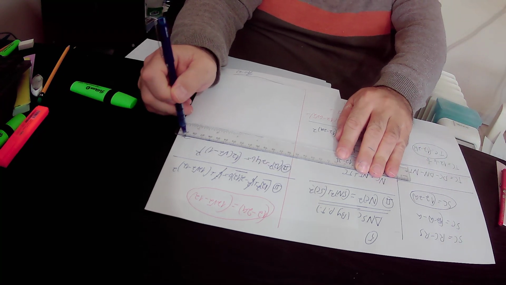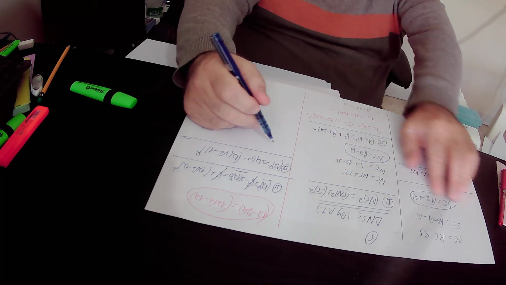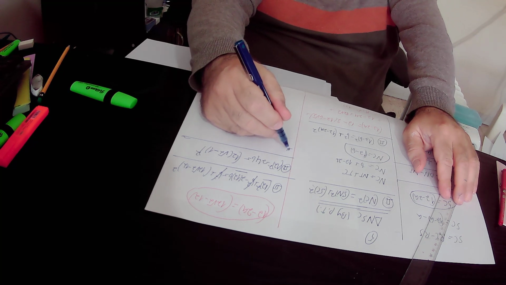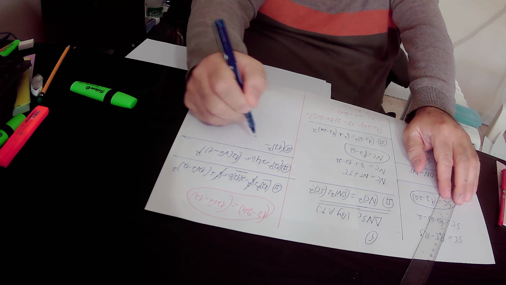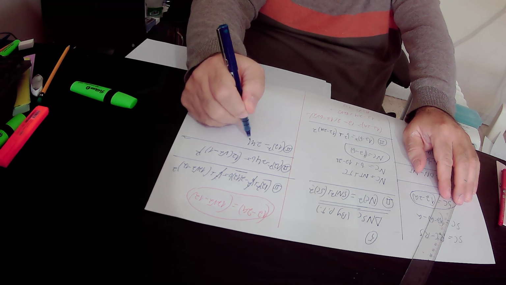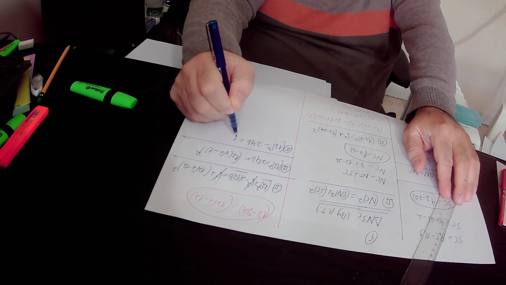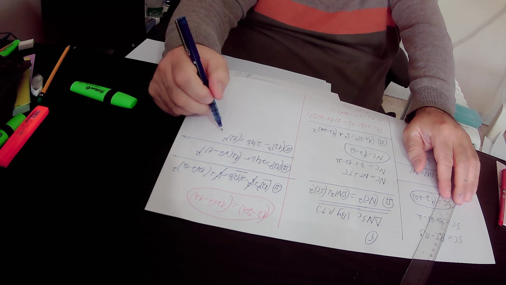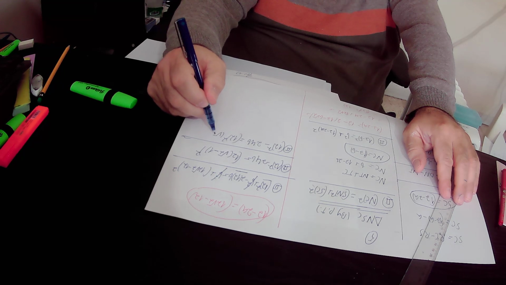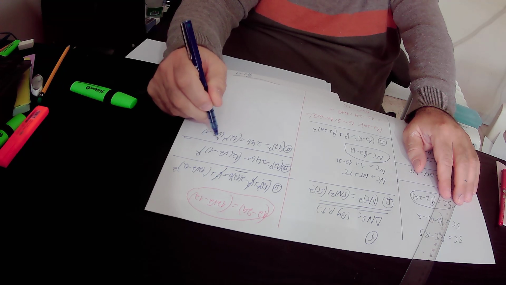So we get that according to equation number 2, 12 squared minus 24b equals to 12 squared times square root of 2 minus 1 squared.